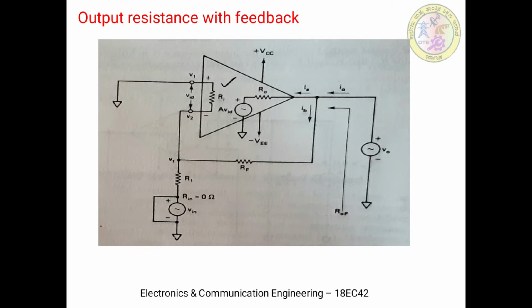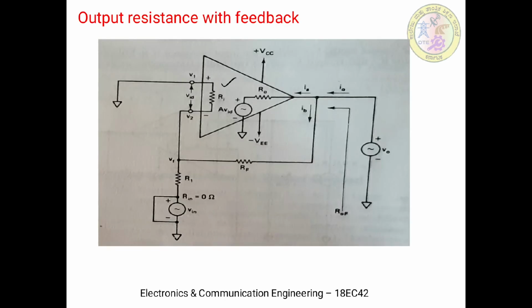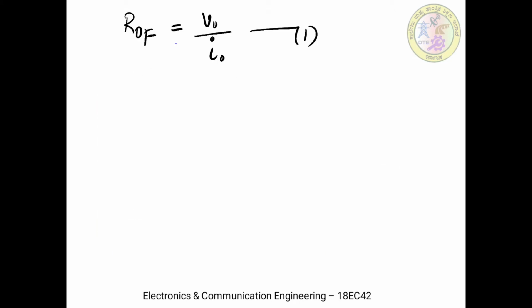Here also the same procedure is followed: reduce the source Vin to 0, apply external voltage V0 and find I0. So let us define ROF, the output resistance with feedback, as V0 by I0, equation 1. Here you can see Vin is reduced to 0 and V0 is connected at the output, and ROF is defined as V0 by I0.